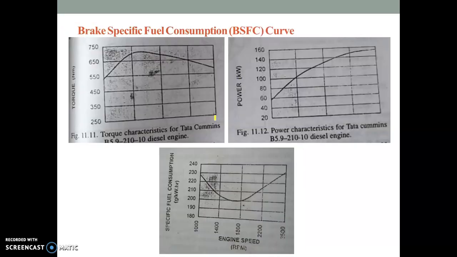Next shows the BSFC curve, brake specific fuel consumption. This is taken from the values of the Tata Cummins P5.9-210 diesel engine. So various graphs are here: torque, power, and SFC. The torque curve is generally flatter than the power curve.